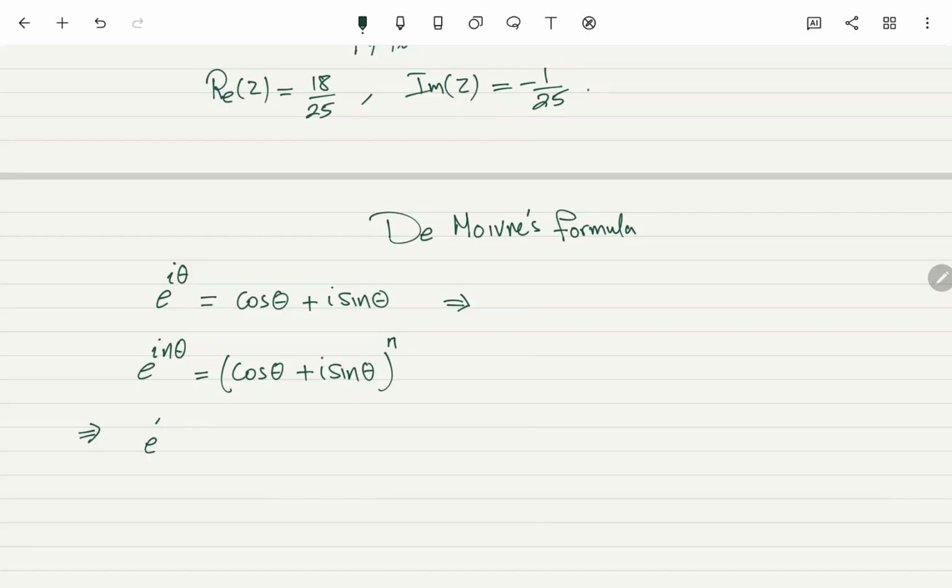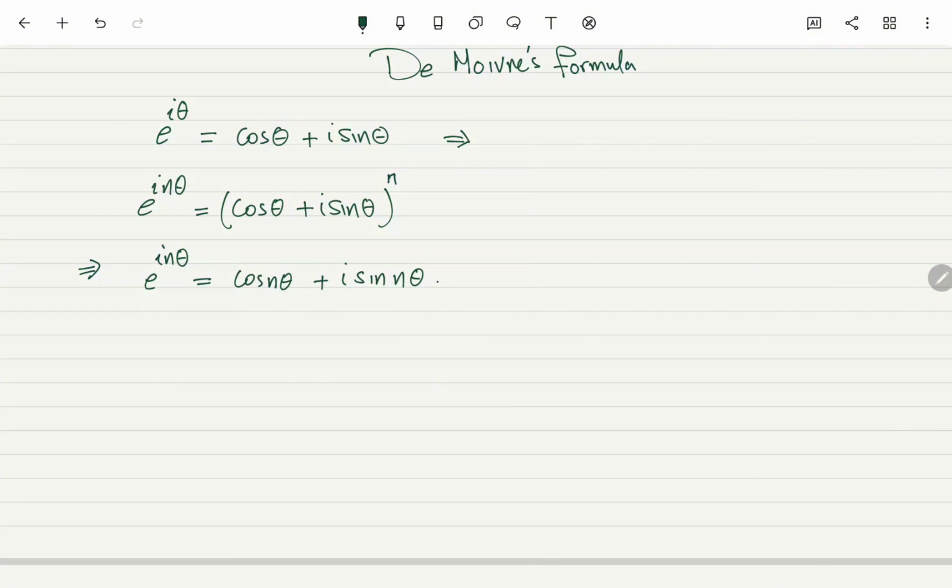But e to i n theta is actually equal to cosine, rather than using theta, we should use n theta. So replace theta by n theta here, plus i sine n theta.